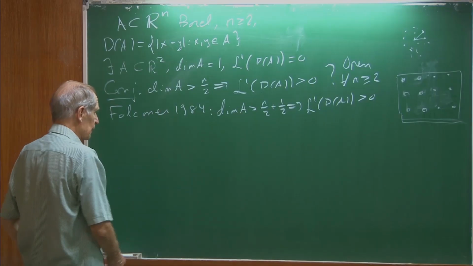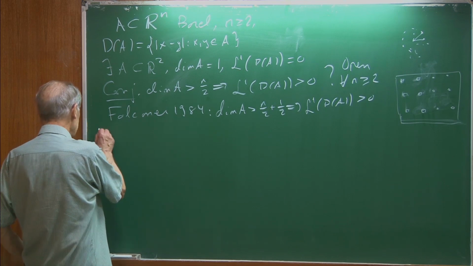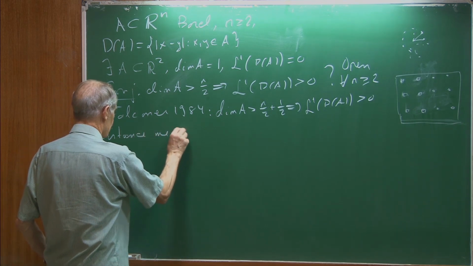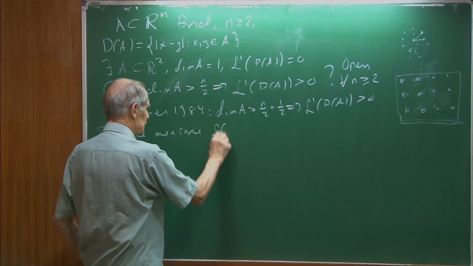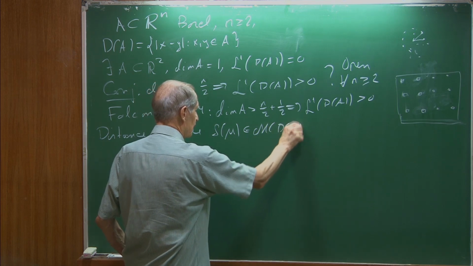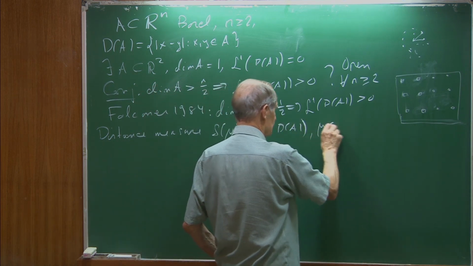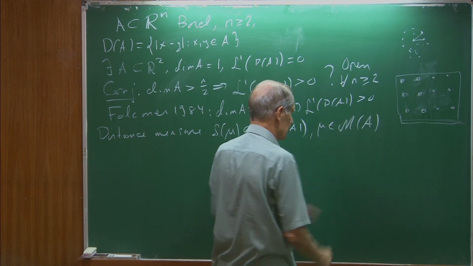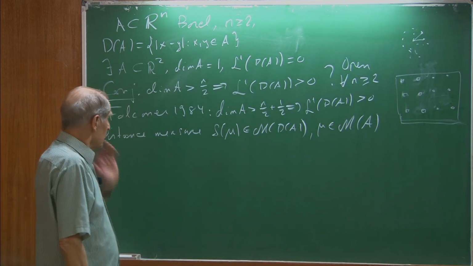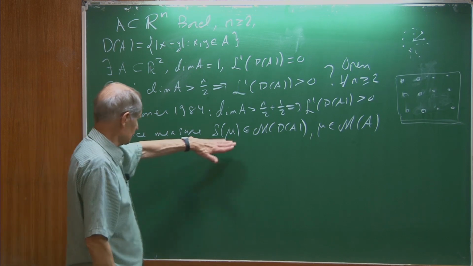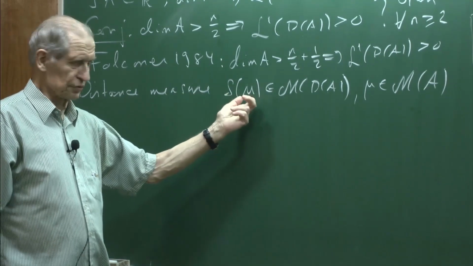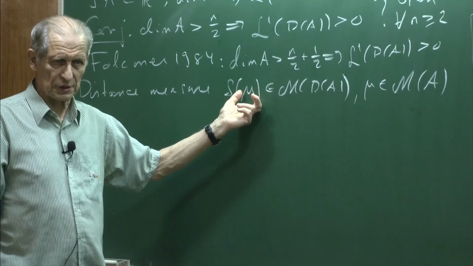Well, this result comes from the fact that if I define the distance measure delta mu, it's a measure on the distance set if mu is a measure on the set A. So this meant that mu is a positive and finite measure which is supported in A. This is the most natural definition. You can say that you take the Cartesian product of mu with itself and you take a push forward onto the distance map.